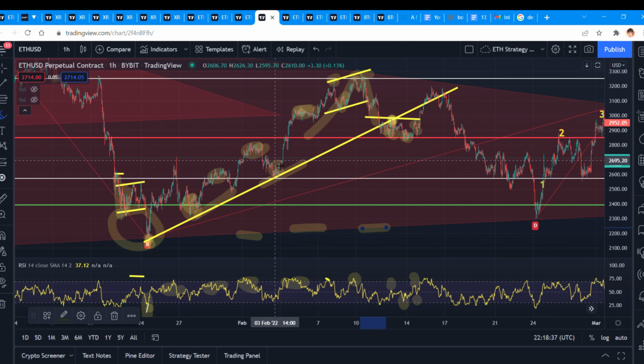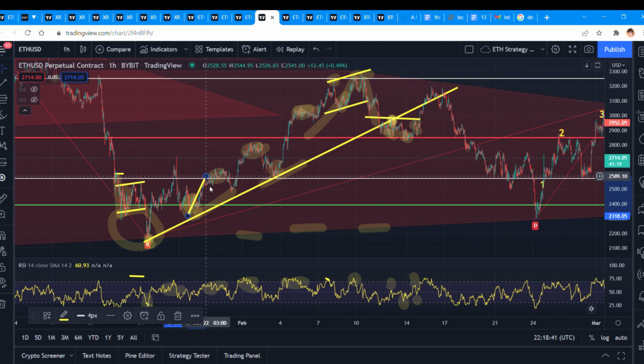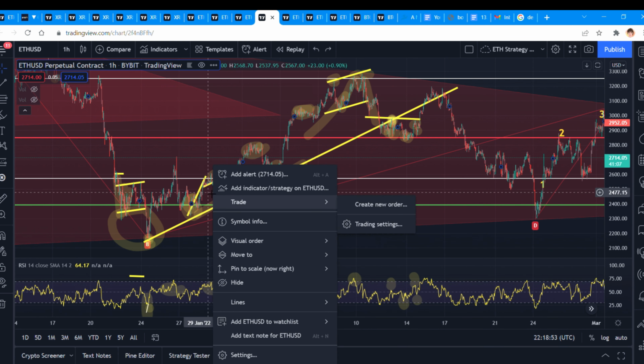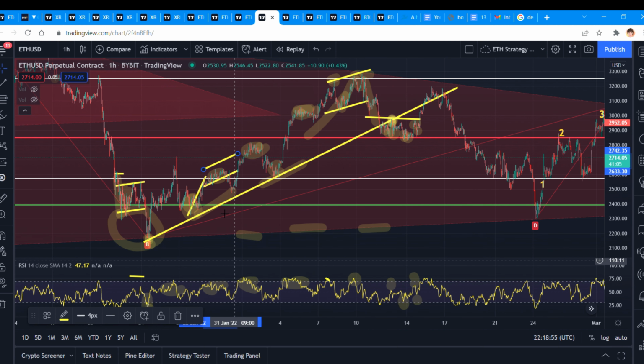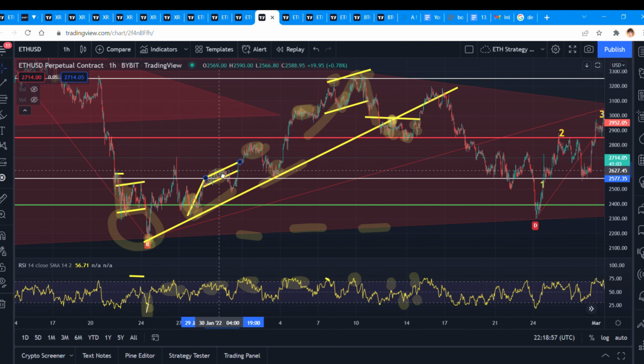If a beginner is looking at these and charting them as bull flags, they expect this to break up.